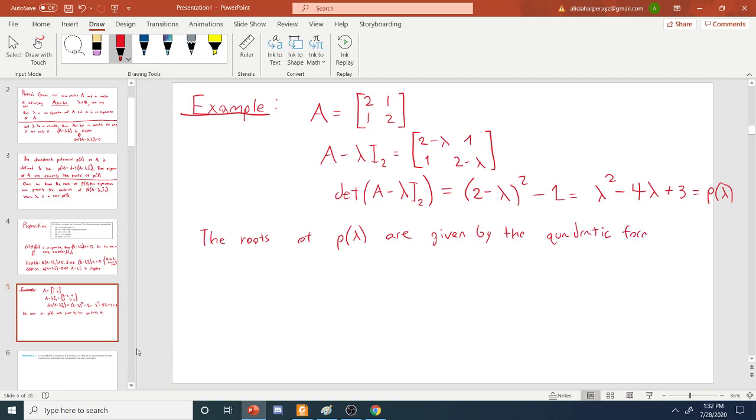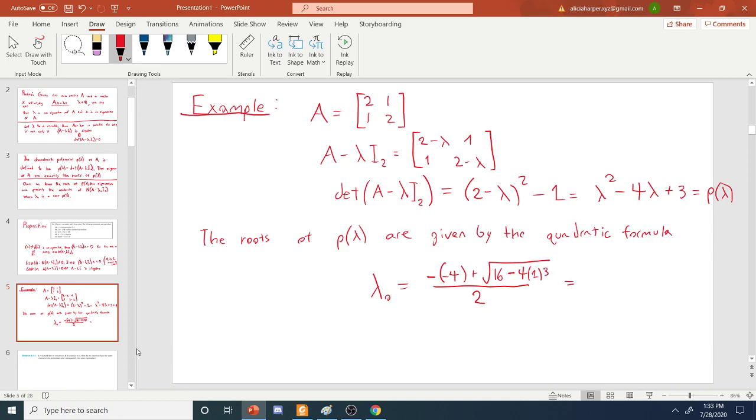You can also kind of guess them because they're not too hard to guess, but let's do it using the quadratic formula for the sake. So lambda naught is going to be equal to negative b, so negative negative 4, plus minus the square root of something, divided by 2a. a is 1, and then b squared, which is negative 4, so 16, minus 4ac, so minus 4 times 1 times 3.